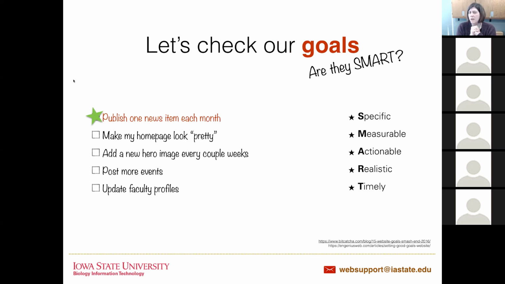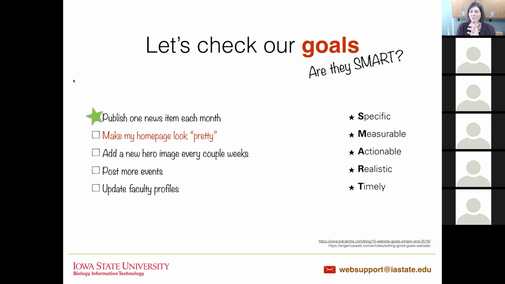Let's look at make my homepage look pretty. So when we're looking at this goal, is it specific? Well, I'm not really sure what pretty means, so maybe that's not as specific as it should be. Is it measurable? Well, sort of.